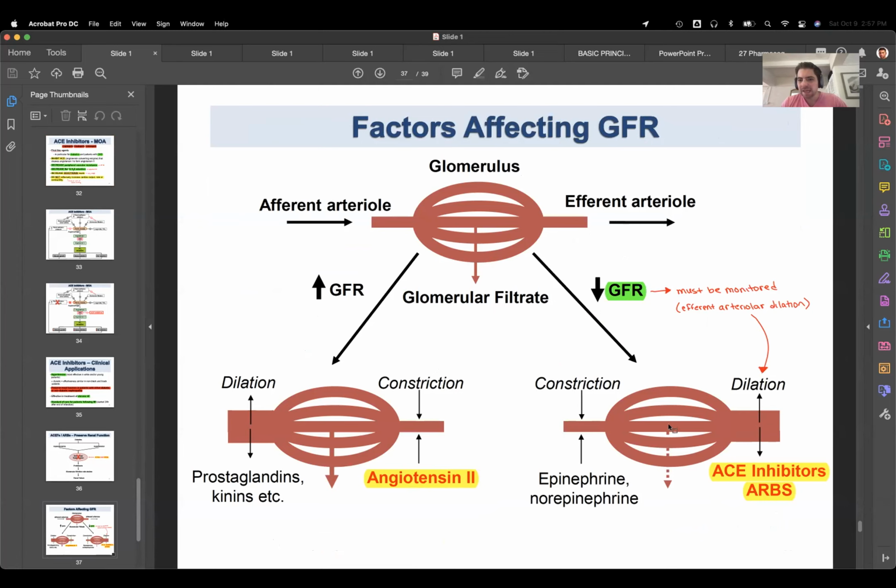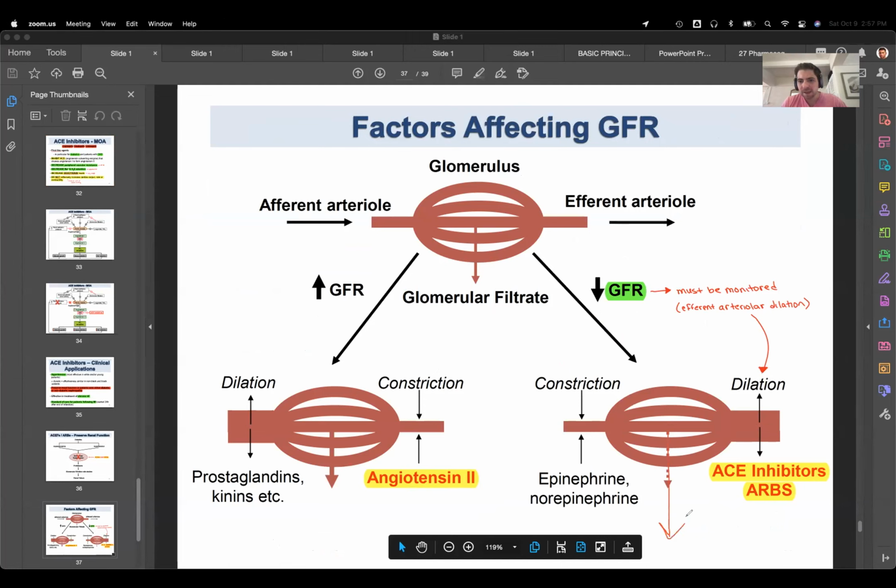So if our glomerular filtration is going this way, blood's going this way, and it has two choices: it either goes down or it goes this way. If we dilate this, like we're doing here, we're technically going to decrease our GFR. So ACE inhibitors will do this.